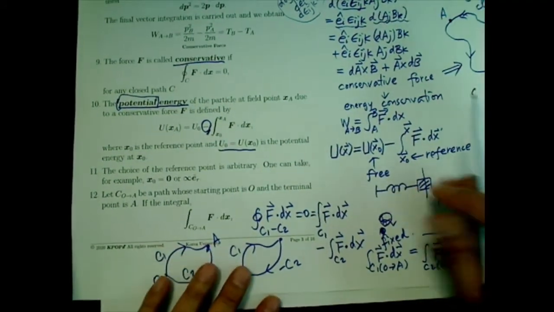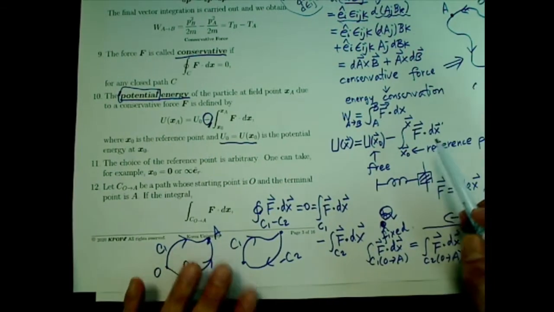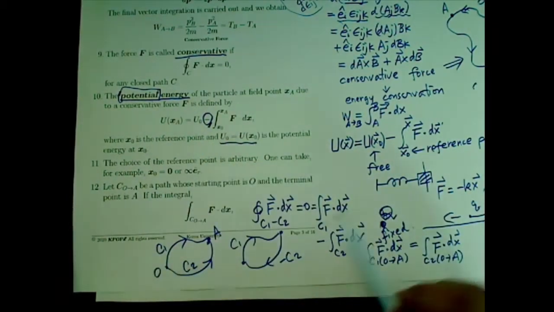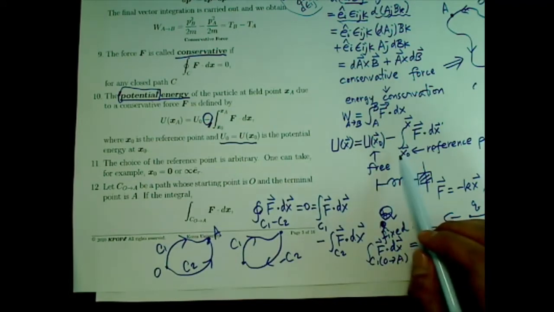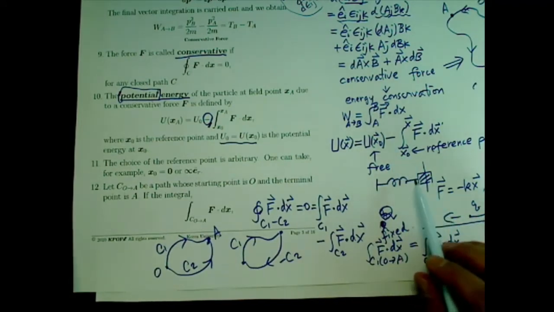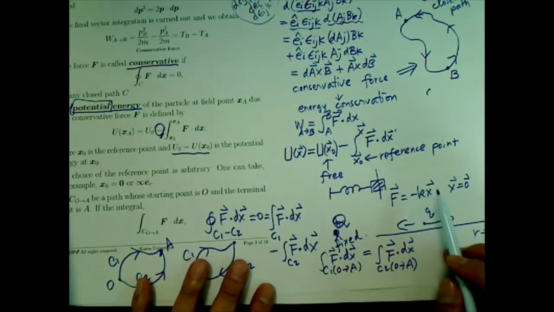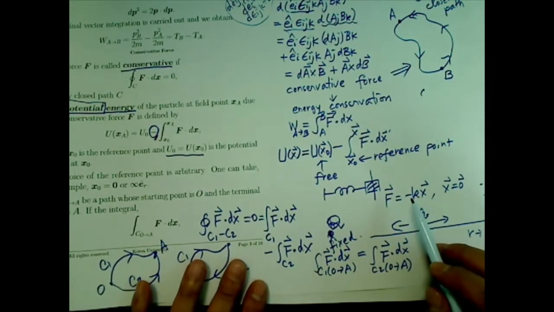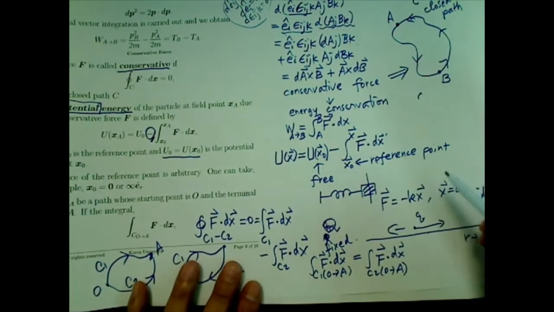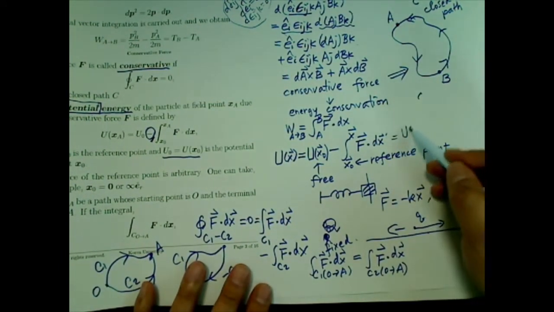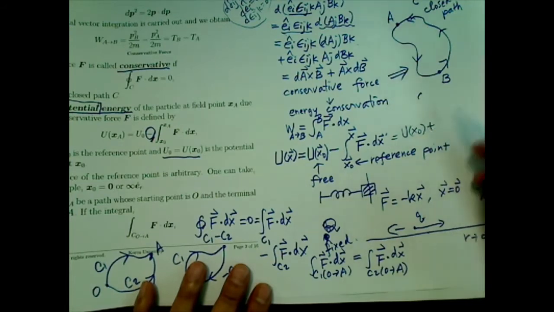For example, let us compute the potential energy of spring force. We have a spring force F equals minus kx. Then we can substitute this one in here. k is a constant, x dot dx, from x0 to vector x.